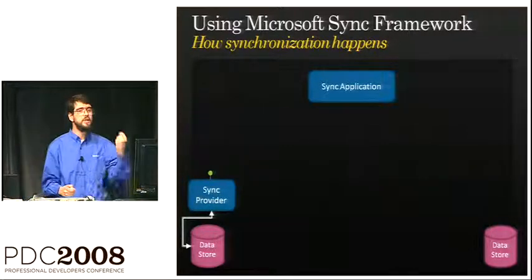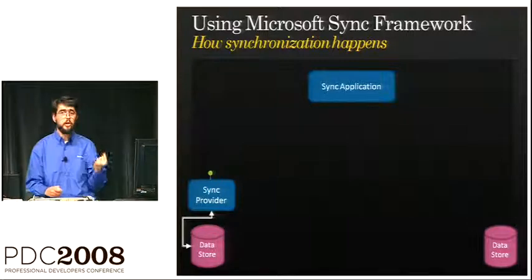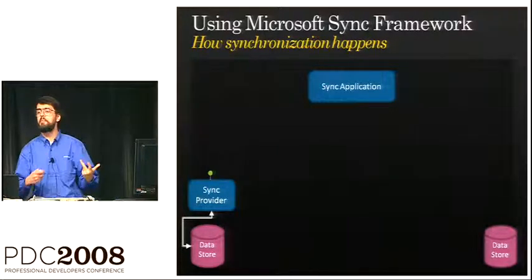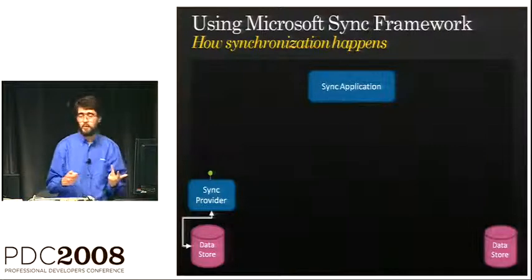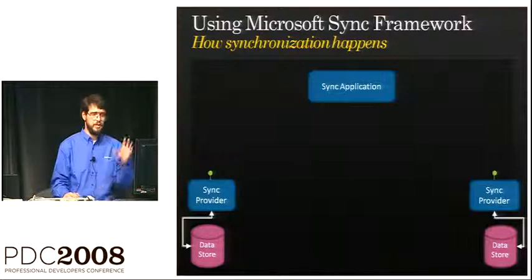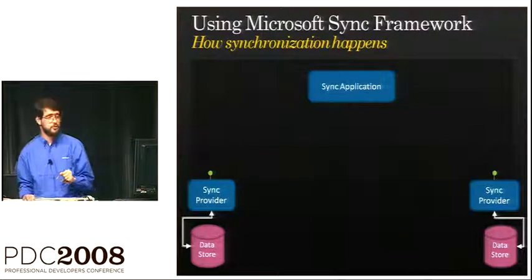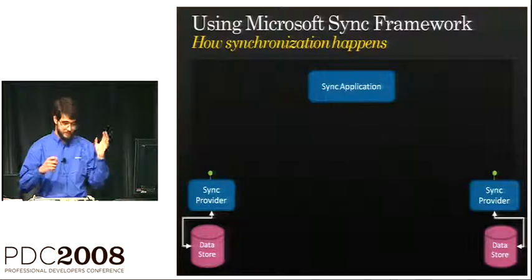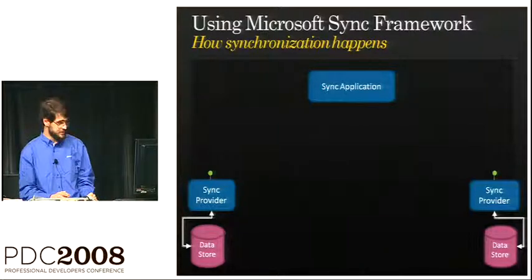We need help. We need sync providers, which are written by people who do know how to talk to the store, to represent the capabilities of the store to the Sync Framework, so that we could talk to those stores and synchronize them. And in this slide, and everywhere else throughout the presentation, I use green to denote things that are part of the Sync Framework, and other colors for other things.